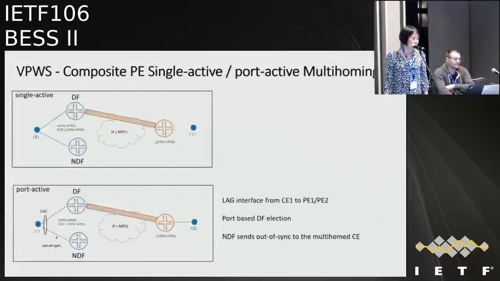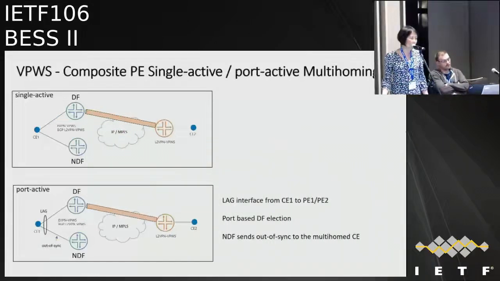For seamless integration on the composite PEs, we do support single-active, all-active, or port-active. Basically, the difference between single-active and port-active is how the CE is connected to the multi-homed PEs. In port-active, they are using a LAG interface. This helps the customer or service provider if they are doing the migration one metro Ethernet at a time.